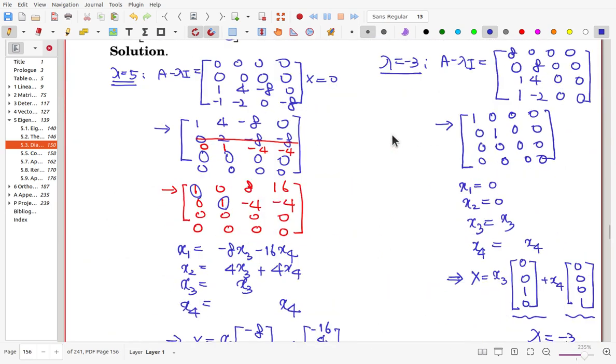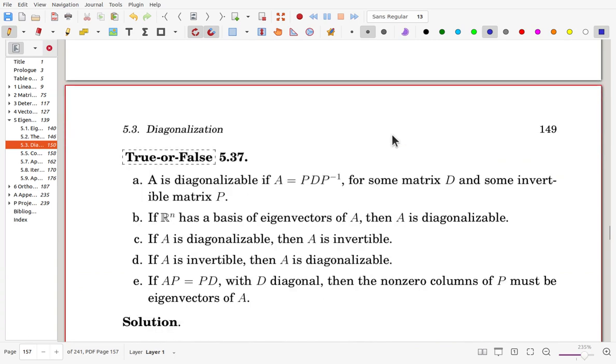Okay? So from these two statements, we can conclude that diagonalization and invertibility are independent concepts, so that one is not implying the other. They are independent.